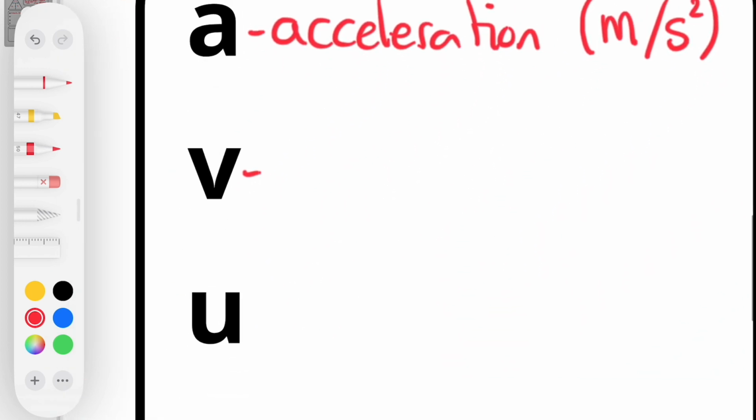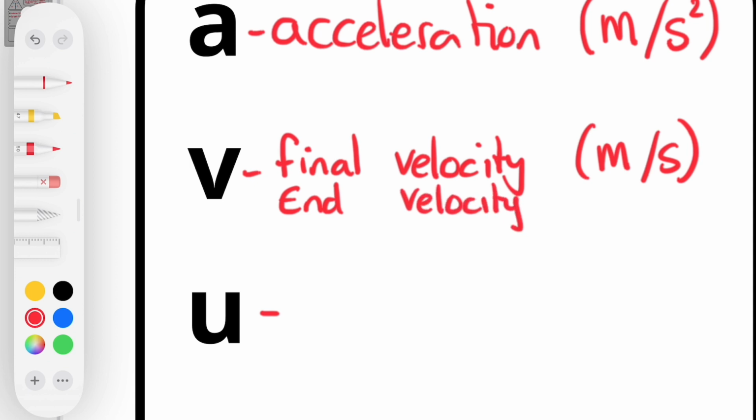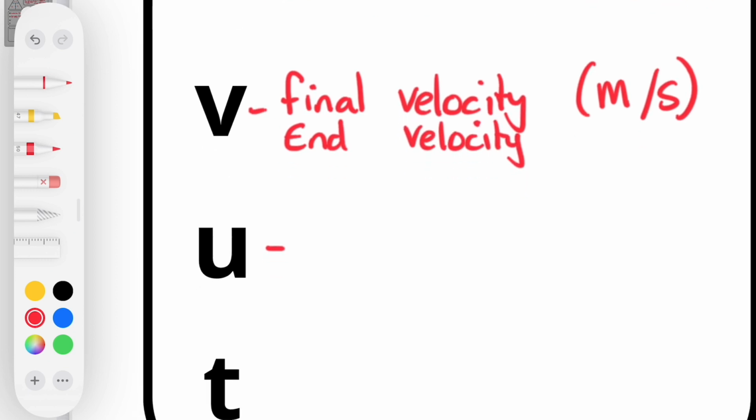So our v is going to be our final velocity. And like velocity, meters per second is our unit, okay? Or you could call this end velocity, I guess. End velocity, final velocity, same thing. And then for u, this is our start velocity.